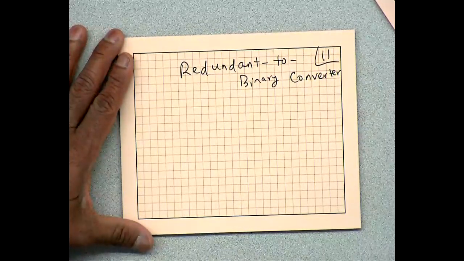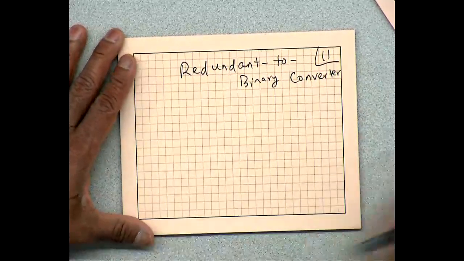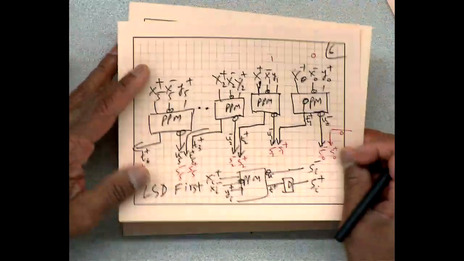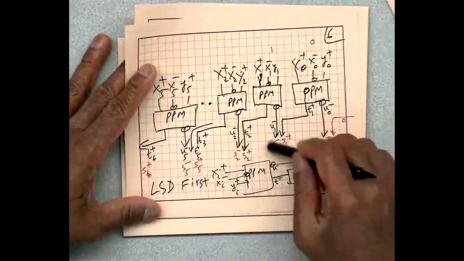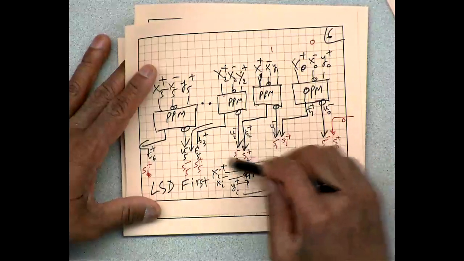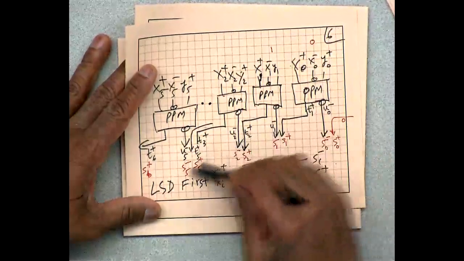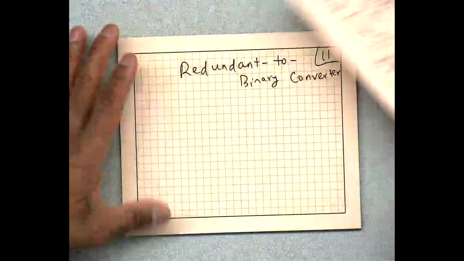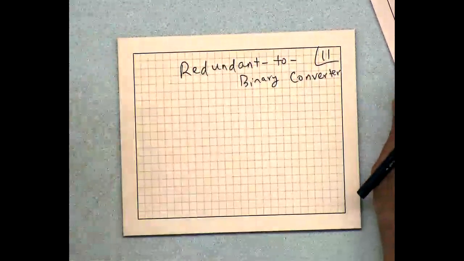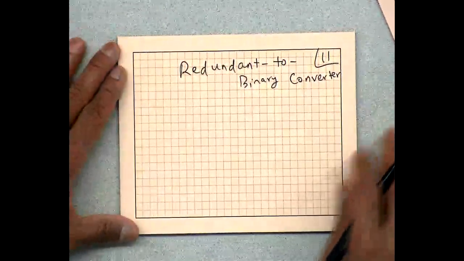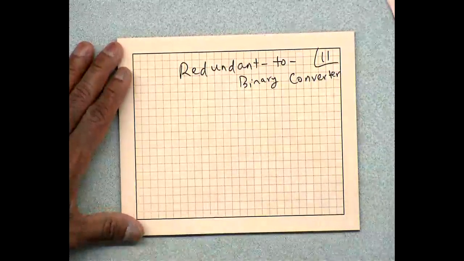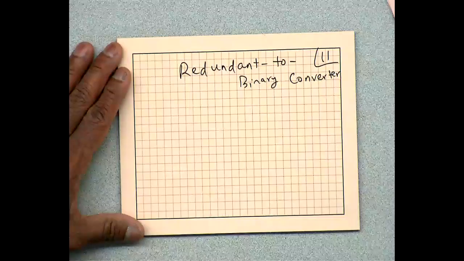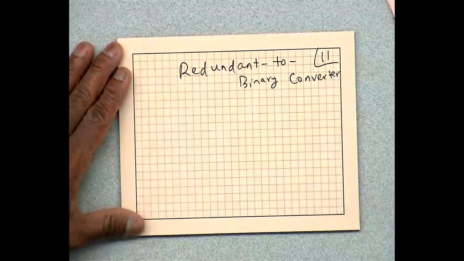All right, so let's say that after I go through these add operations, I got these redundant numbers. I have digit S1 with plus and minus, digit S2 plus minus, digit S5 plus minus. So how can I really convert that number to a binary number?